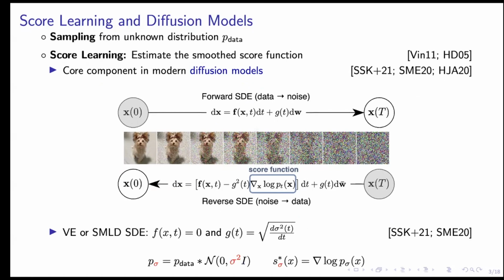More specifically, we consider the variance exploding SDE, which is commonly used in diffusion models. That is, the drift term is zero, so we don't have the drift but purely add noise. I should note that our framework also applies to the variance preserving SDE, which is also commonly considered.